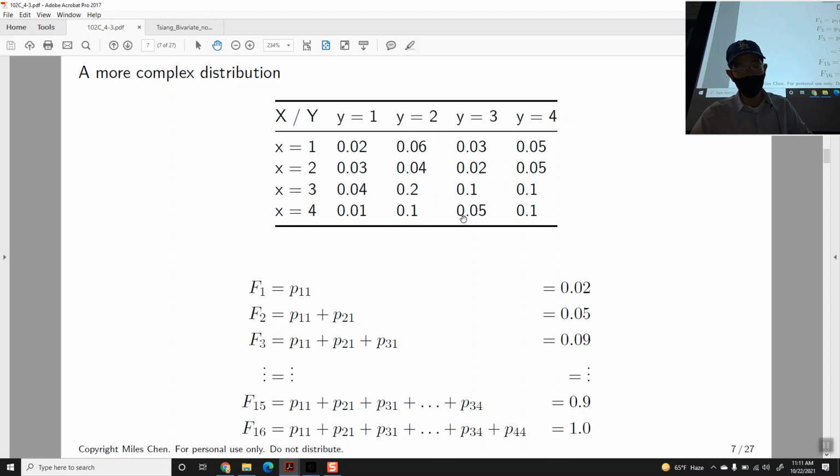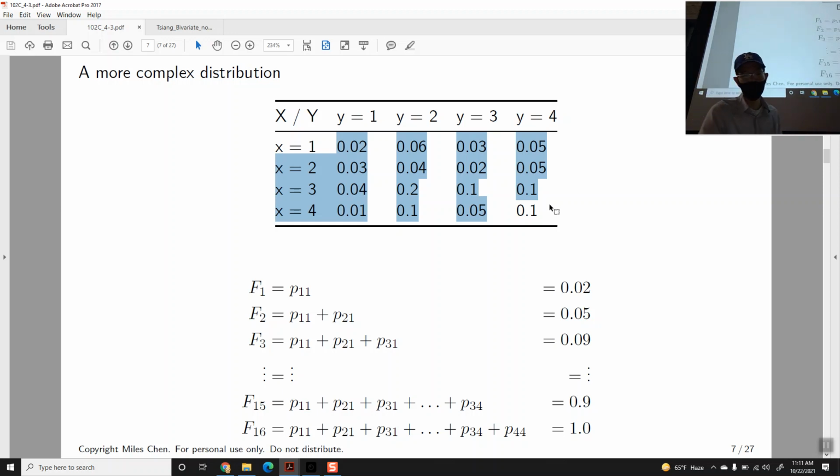We would keep going down the columns until we get to the 15th value, where I'm adding up this whole column, this whole column, this whole column, 12, 13, 14, 15. I've added everything up to this value. Okay, so if I add up all of these values, basically, that would add up to 0.9.